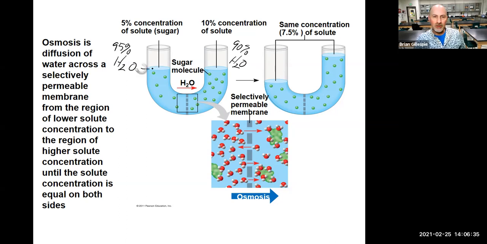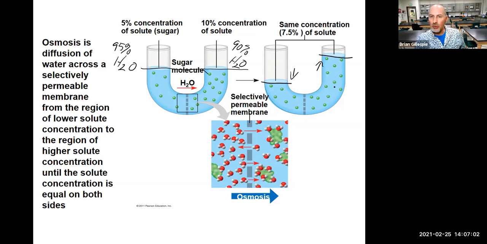And you can see that they started out equal volumes on both sides, but look what happened. We had a drop in fluid on the left side, and we had an increase in fluid on the right side. And as a result of it, we diluted the 10% sucrose solution by adding more water molecules.